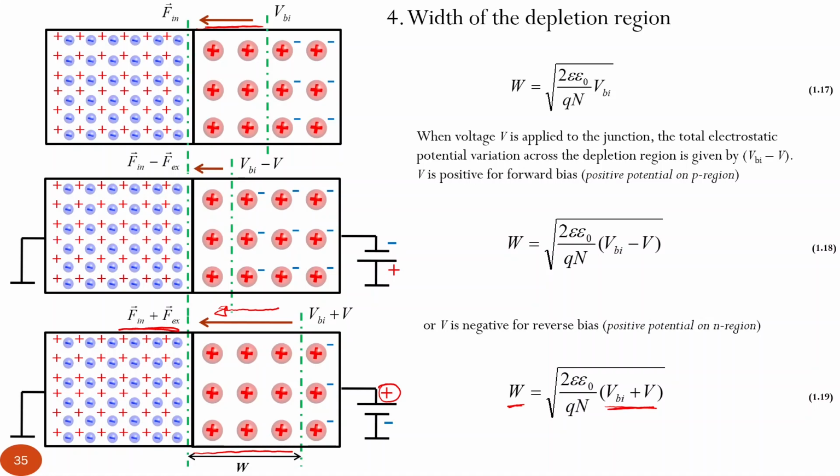So that is the explanation of this depletion region width dependence on external bias applied to a p-n junction.